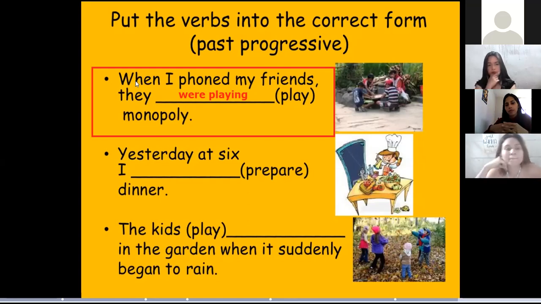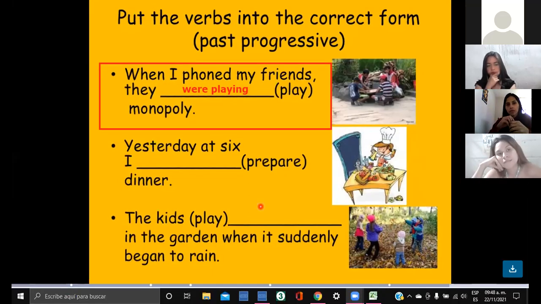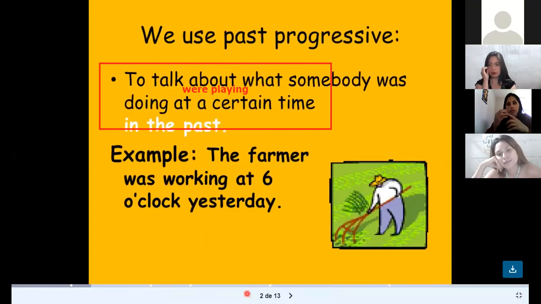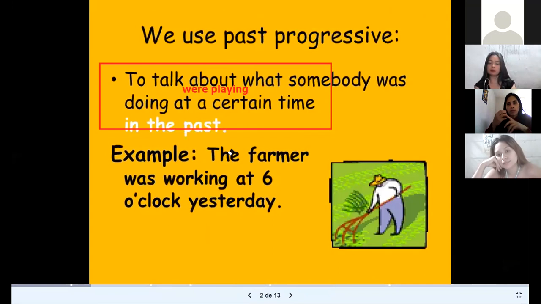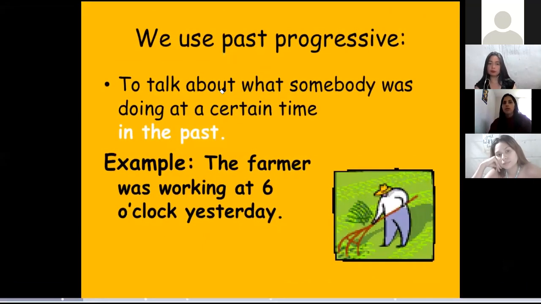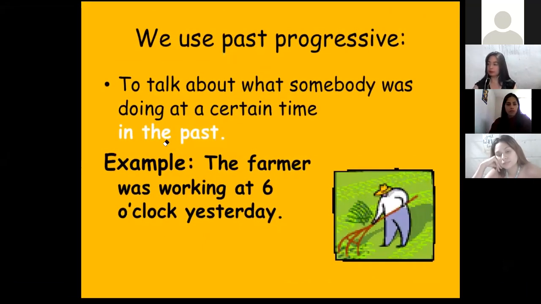Because we were studying at the beginning, Naomi read this information, right? That we use past progressive to talk about a specific activity somebody was doing at a certain time. This is use number 1, but we have another use.